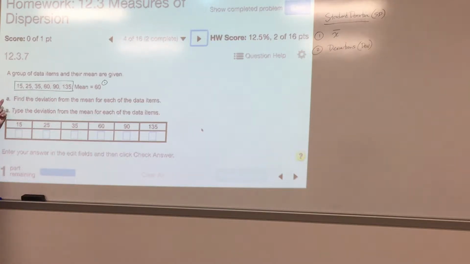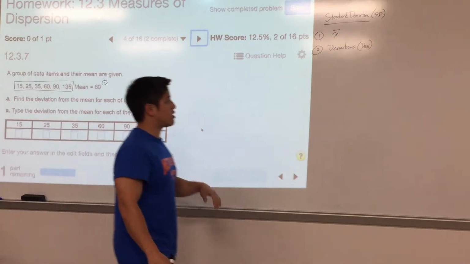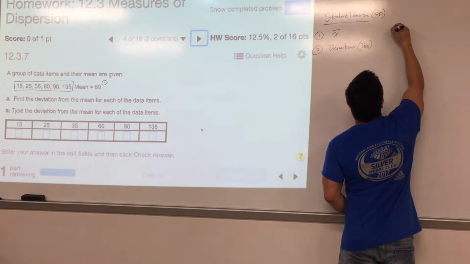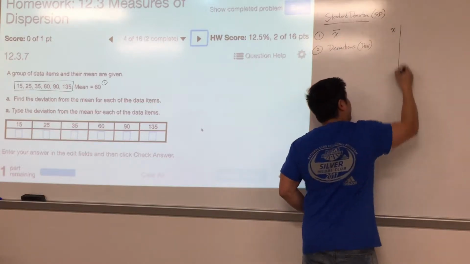And now we need to find the deviation from the mean for each of the data items. So that you create a table. Now, what I want you to understand is that normally you would want to create the table vertically. So I'm going to show you how to do this table in a vertical format.